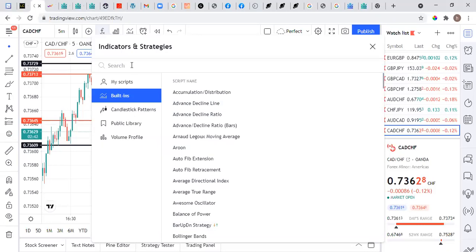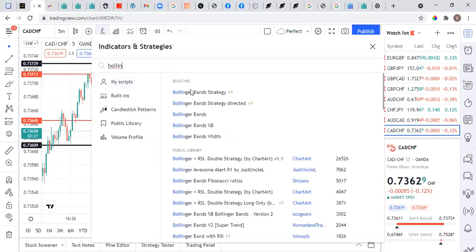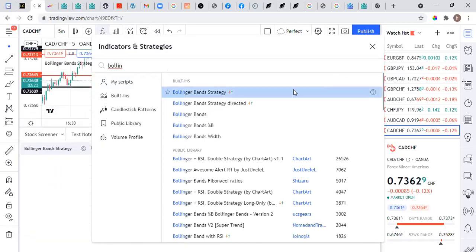So the first indicator I'm going to be talking about is the Bollinger Band. Let me see if this is what I am looking for.